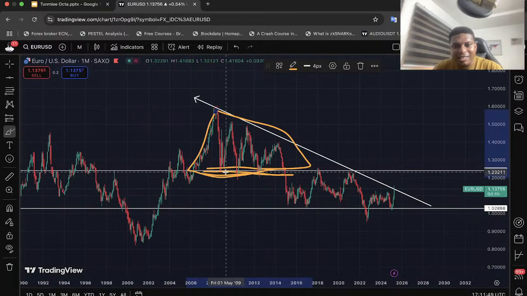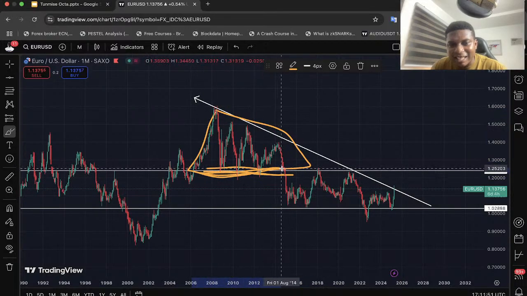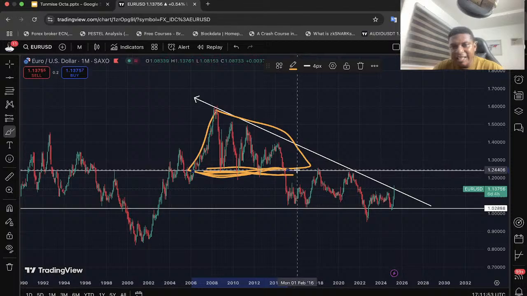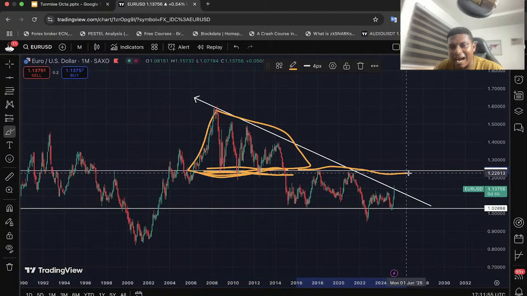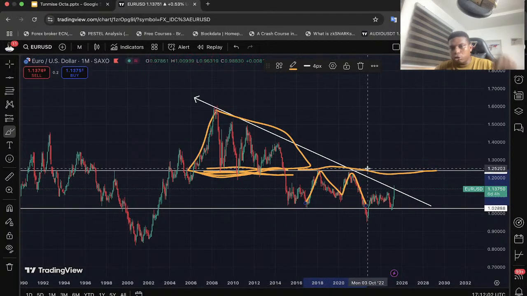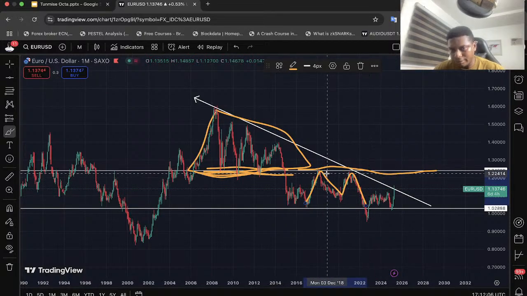Okay, and this same place that has been acting as a support is now acting as a resistance at this level. You can see how it rejected two candlestick movement at that level.